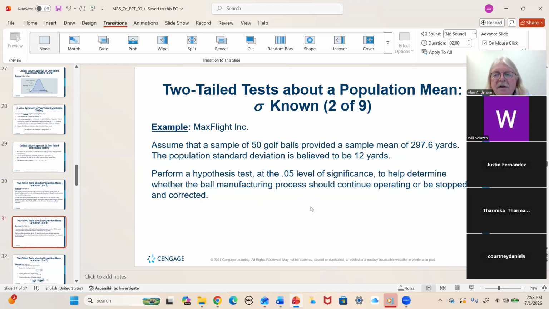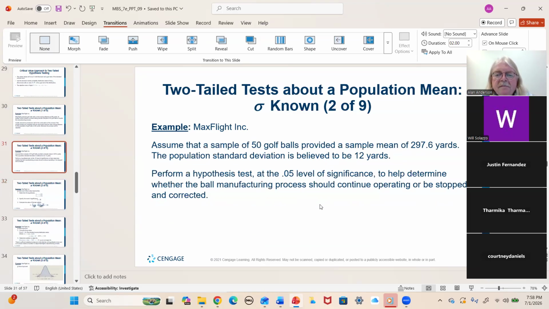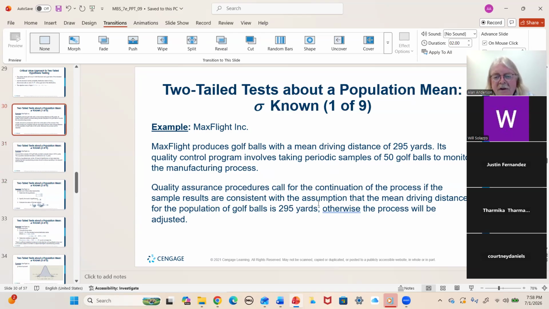Anything else will lead to them being manufactured differently. Although they didn't really explain that particularly well, I thought, but still, that's what they want. And that means that this is a two-tailed test. Because we're trying to show, yes, they have a mean of 295. No, they don't. That would be a classic example of a two-tailed test.